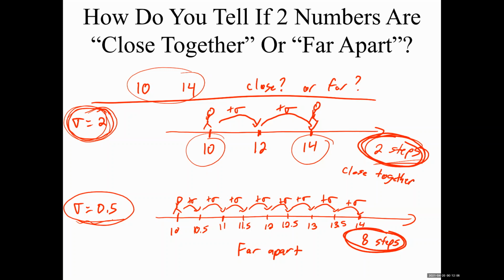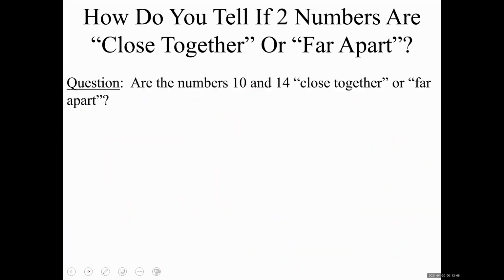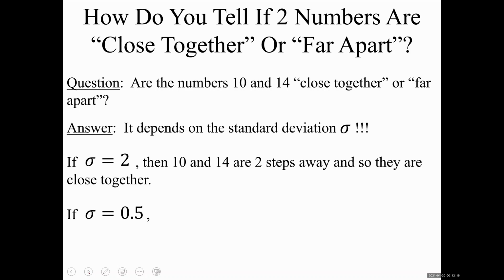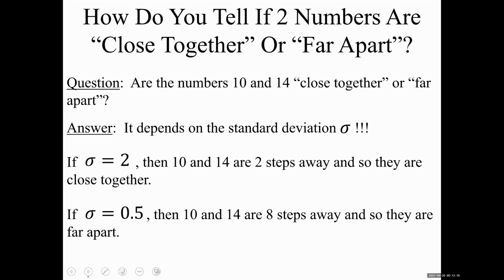Okay. Now, so are the numbers 10 and 14 close together or far apart? Okay, so we already answered this, but again, it depends on the standard deviation. If sigma is 2, they're 2 steps apart, so they're close together. If sigma is 0.5, they're 8 steps apart, so they're far apart. So it depends on the standard deviation of all the numbers in the bag, because standard deviation gives you a step size, gives you like a typical distance between 2 numbers.